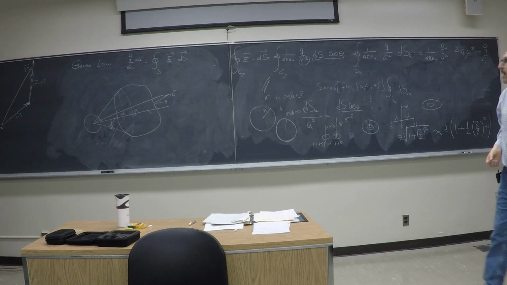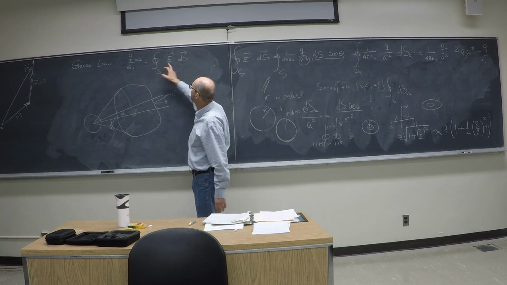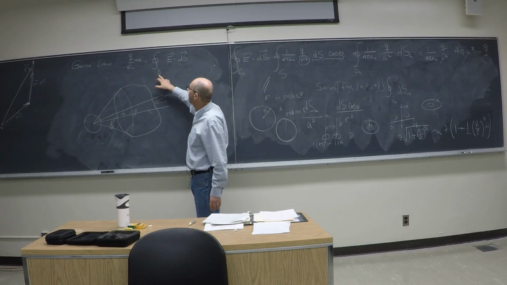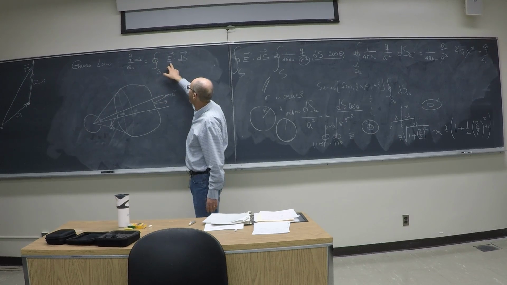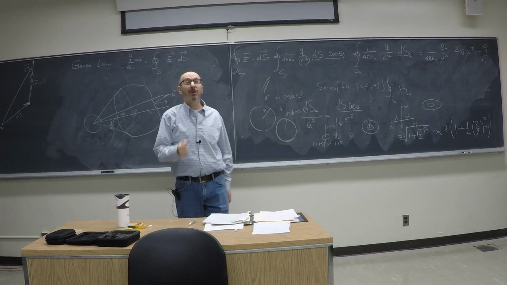Okay, so then we can generalize this result to say the statement of Gauss's law is that whenever we do the integral of the electric field on a surface, we are going to get the total charge inside divided by epsilon 0.